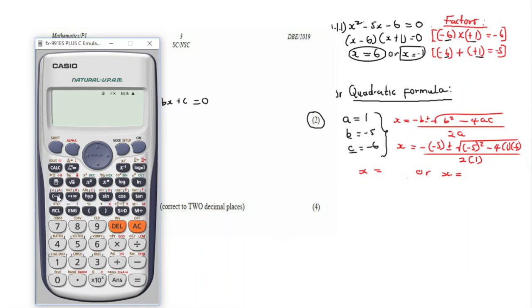So we say negative open bracket -5 plus square root of -5 squared minus 4 times 1 times -6, all over 2 times 1. So we see that our first answer was 6, as above.